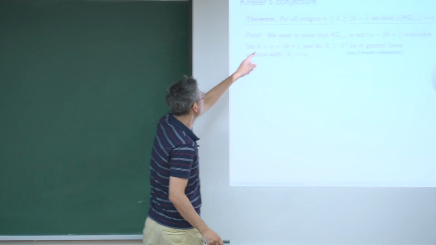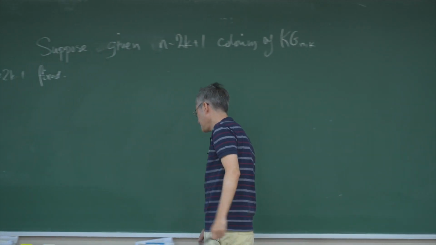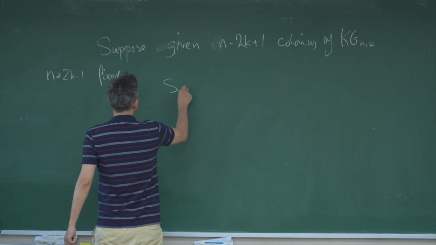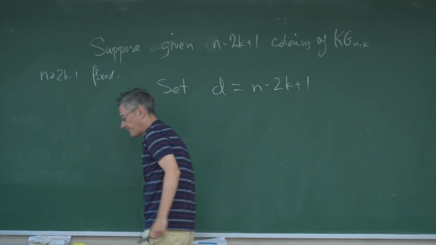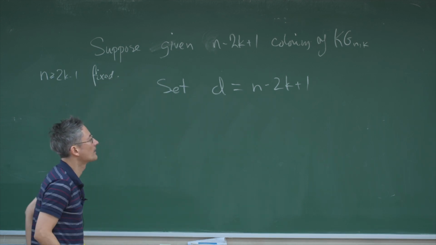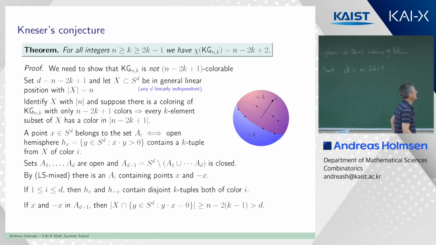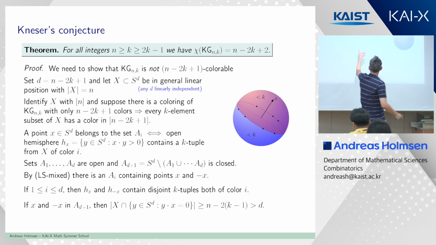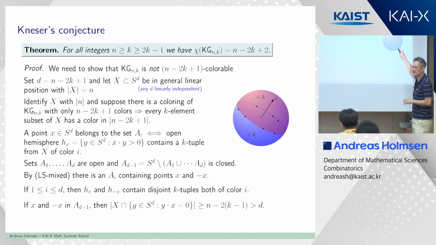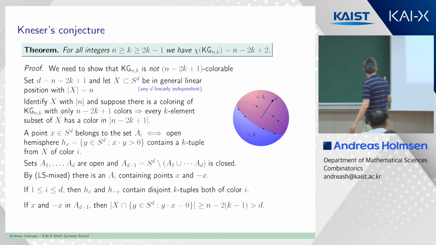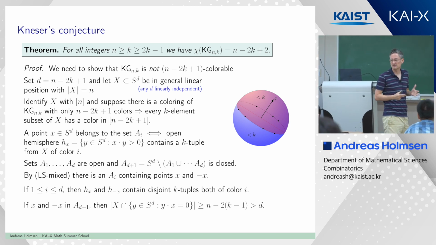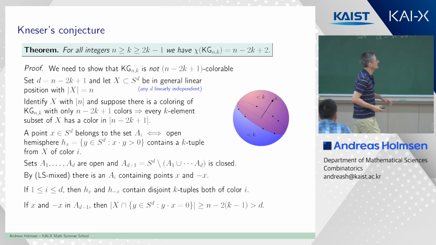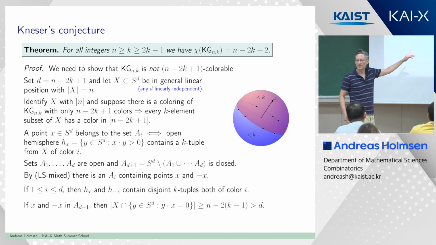Then I'm going to set d equals n minus 2k plus 1. Now choose a set X of unit vectors, points on the sphere, of size n. This set should be in what we call general linear position. What does it mean? It means that any d of these vectors are linearly independent.